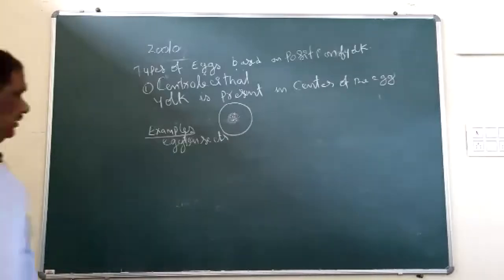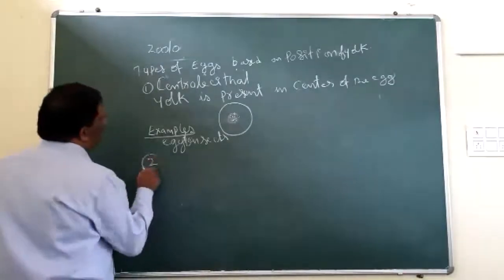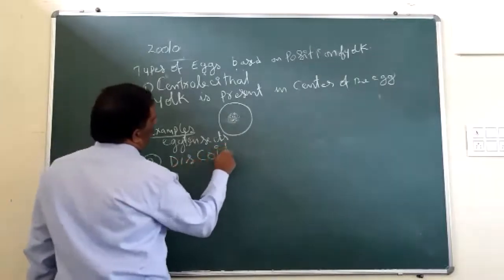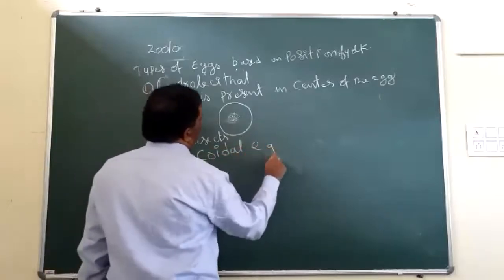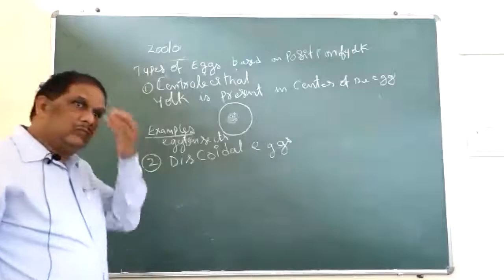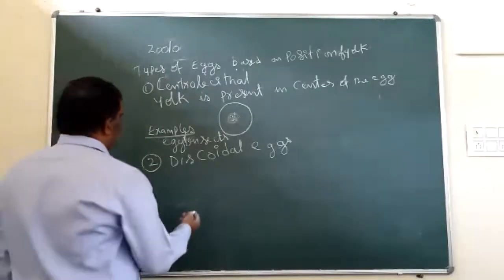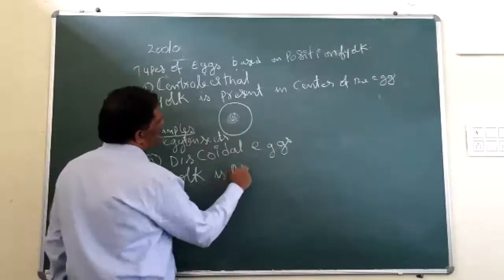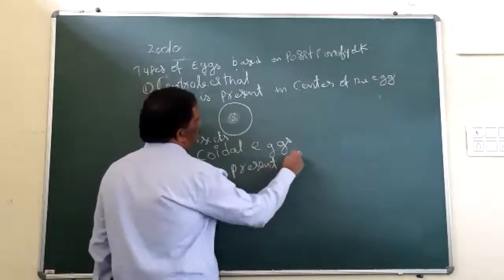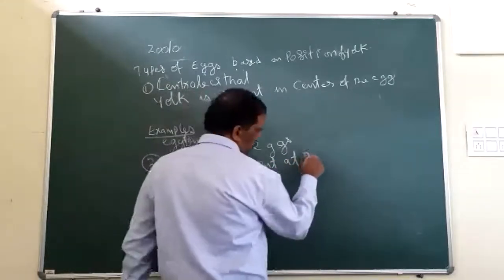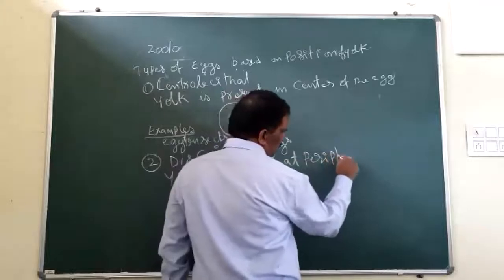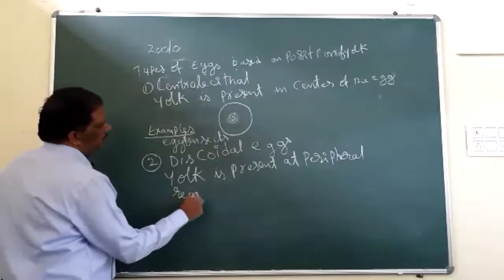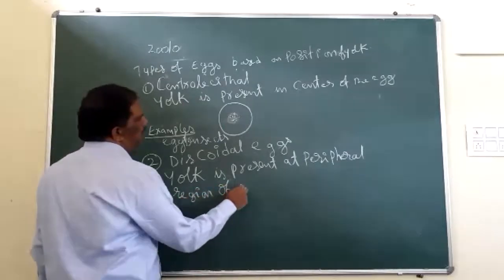Then the second type is discoidal eggs. The yolk is present at the peripheral region of the egg.